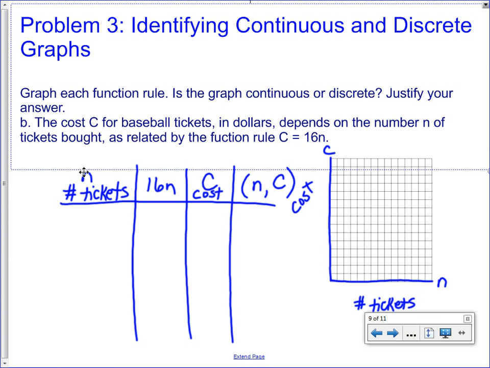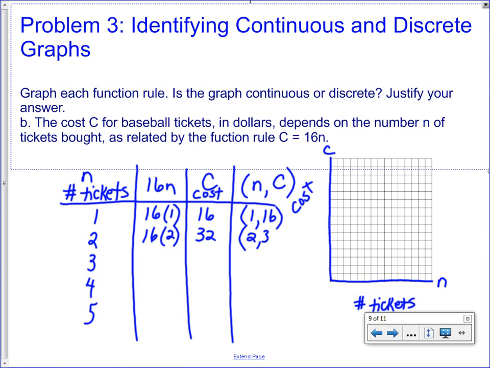Okay, so let's just do 1, 2, 3, 4, and 5 tickets. All right, 16 times 1 would be 16, and we have the ordered pair (1, 16). 16 times 2 is 32, and so we have the ordered pair (2, 32).